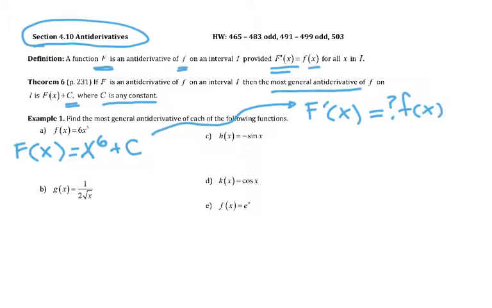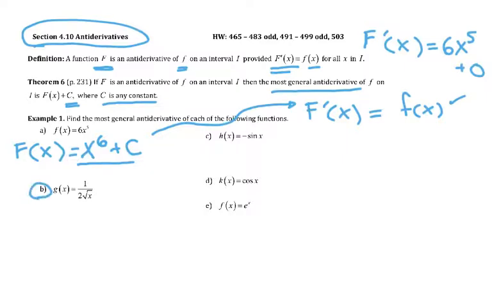Well, if we take the derivative of this function, we would get 6x to the 5th. The derivative of c is just 0. So yes, this is true.